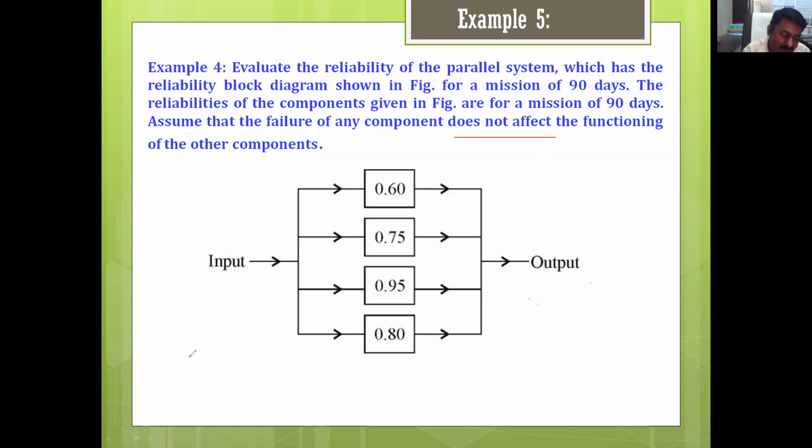Simple friends, this is a simple parallel system, and I will say this is component 1, then component 2, component 3, and component 4. Okay, so let us proceed directly for calculation purpose.